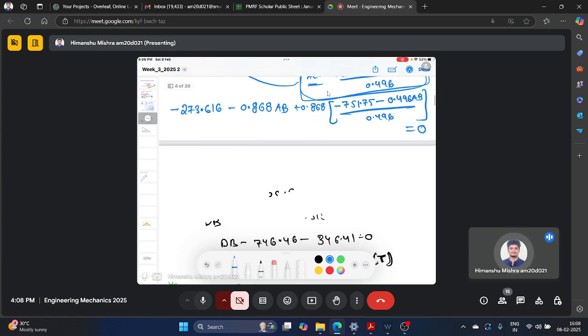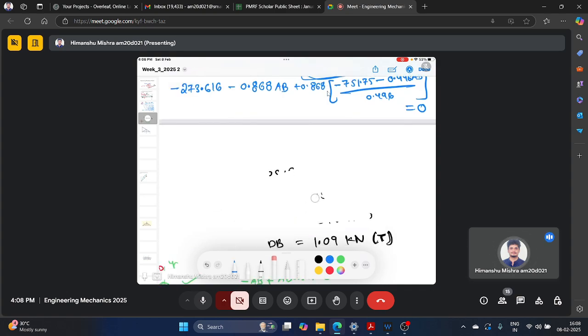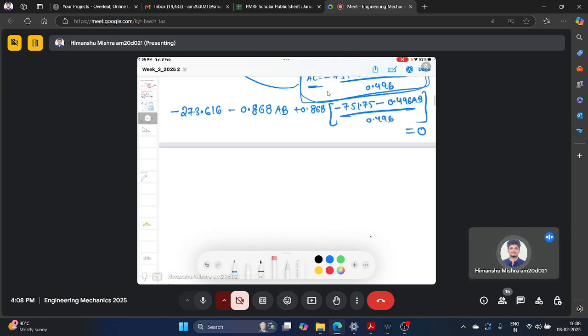So now we just need to simplify this equation. It's all about solving, it's just a mathematically involved equation. So this will be minus 273.616 minus 0.868 AB, and I can divide this and this.